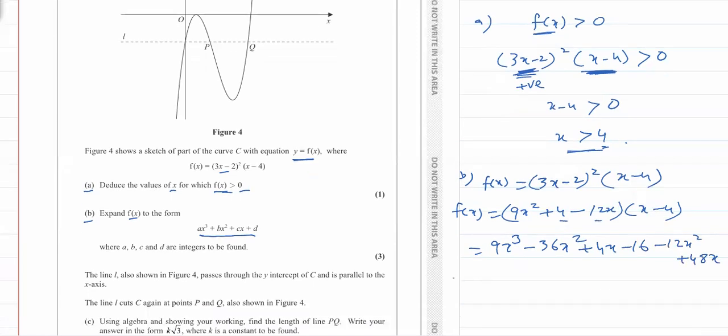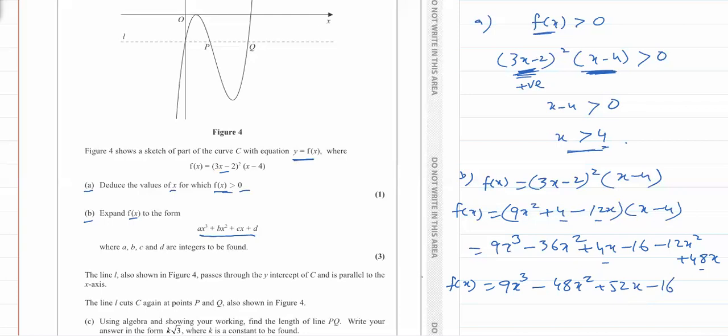So from here we will have f of x is equal to 9x cube, minus 36x square minus 12x square, so it's minus 48x square. Then 4x plus 48x is 52x, minus 16. So we write it in that form.